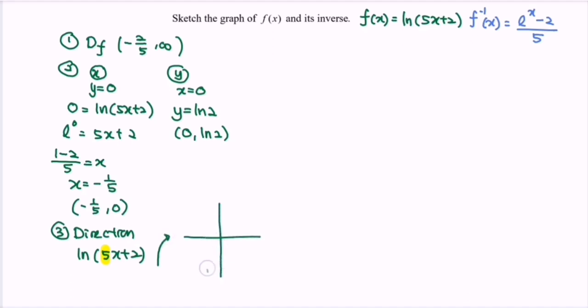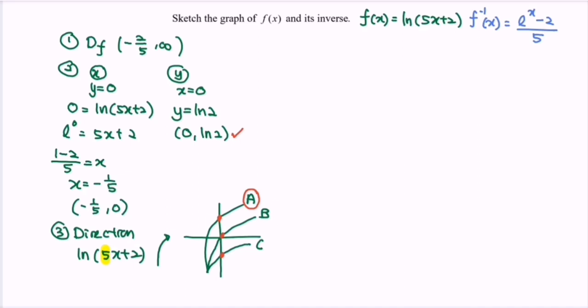Situation number 1, pass by the y-intercept at the positive region. Second, the origin. Third, the negative part. So where we have A, B, and C. We need to determine which situation by referring to the y-intercept. As we all know, ln 2 is a positive value. So the answer would be part A.